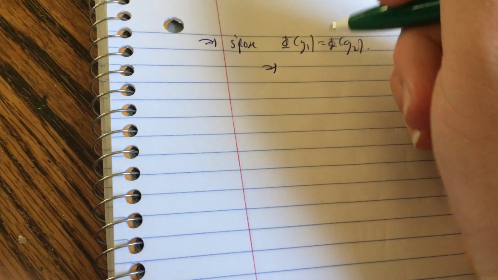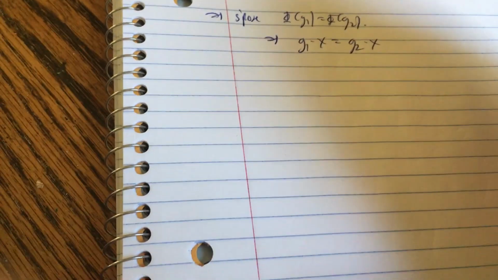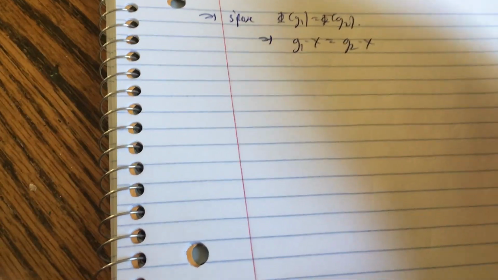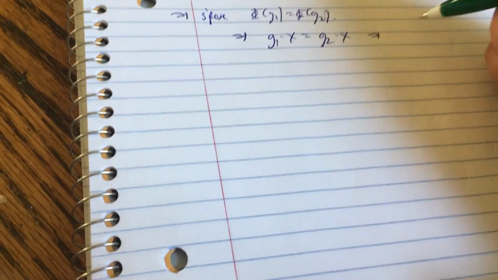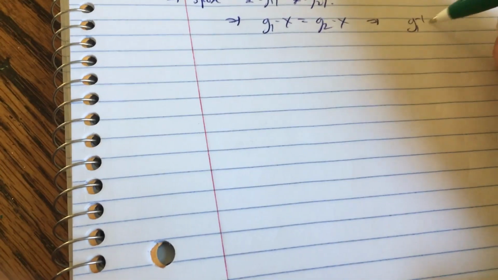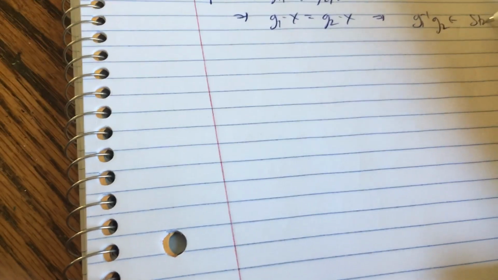So that's the same as saying that G1 times X equals G2 times X, right? These two things are equal. Okay, so that's the same as saying that G1 inverse G2 is in stab GX, right?